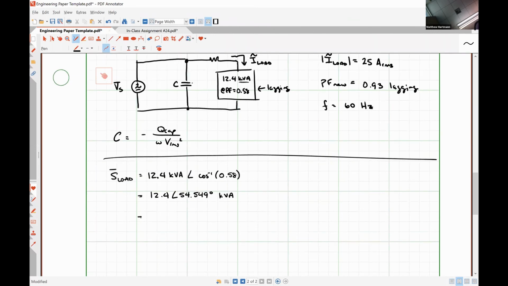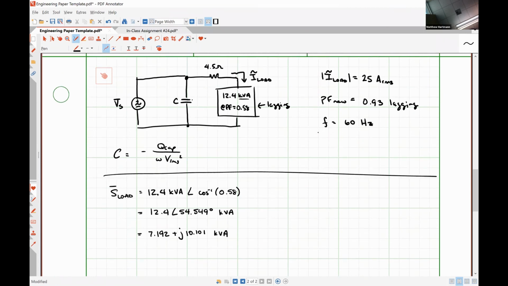And in rectangular, 7.192 plus j10.101 kVA. So we know the complex power absorbed by our load.